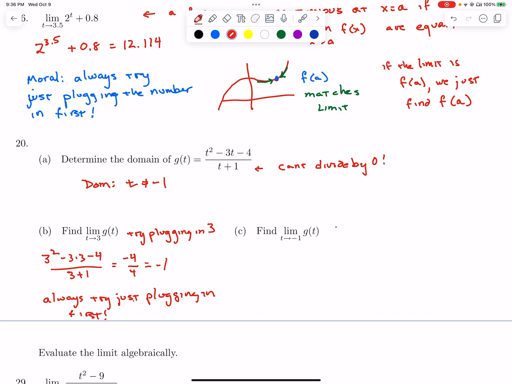Okay, what happens if we plug in -1? -1 squared minus 3 times -1 minus 4 over -1 plus 1 isn't just division by 0, it's 0 over 0. And remember, limit means don't stop.